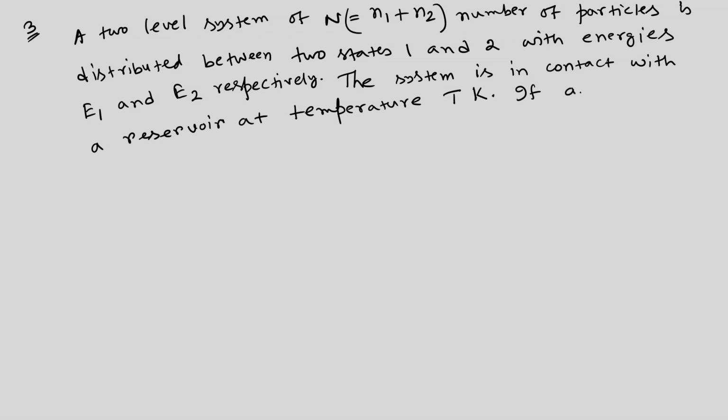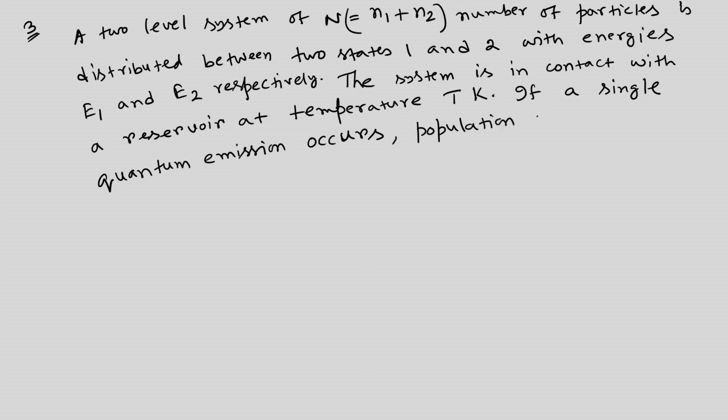If a single quantum emission occurs, the population changes from n2 to n2 minus 1 and n1 to n1 plus 1.